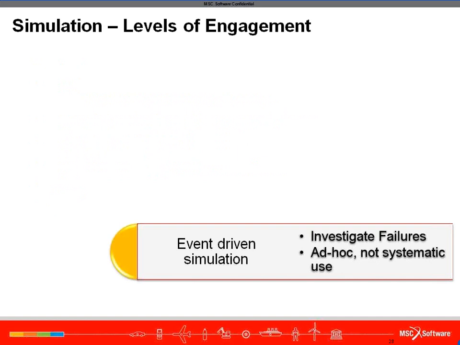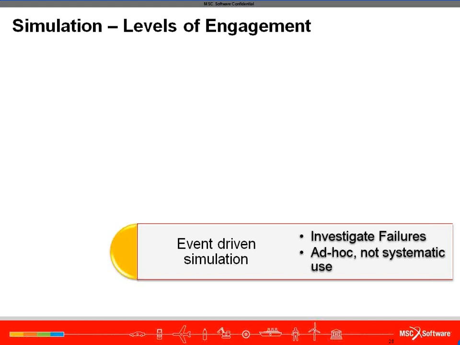Organizations have different needs and starting points leading to different levels of engagement over time. The lowest level of engagement is what could be called the event-driven simulation. For example, a product fails for no obvious reason and one wants to investigate why. You would send it to an analyst and he or she will figure it out.